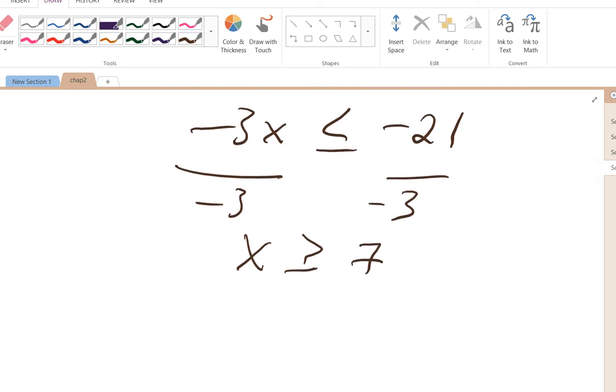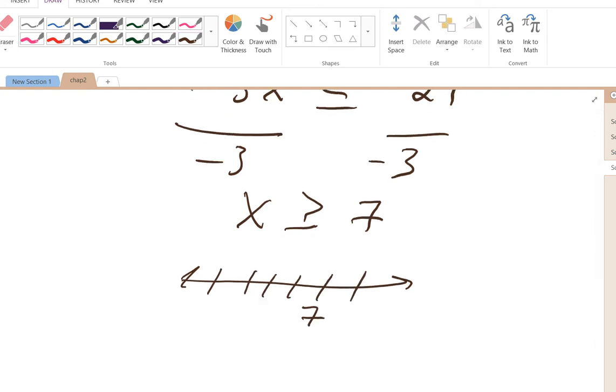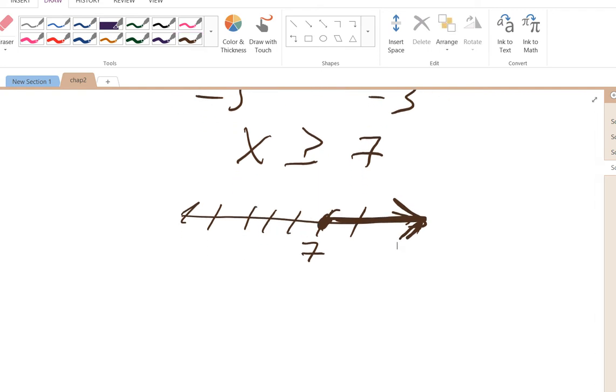All right? So as a number line again, 1, 2, 3, 4, 5. Here we go. I'm going to put 7 right there. Open or solid dot, what do we have? Solid. And which way are we going to shade, to the right or the left? Right. Good. We're shading to the right here. Like that. Interval notation.